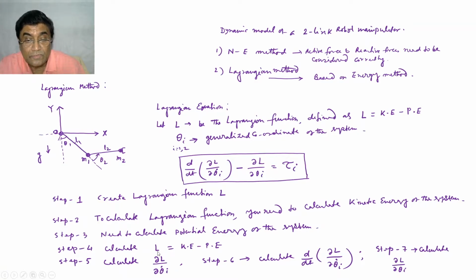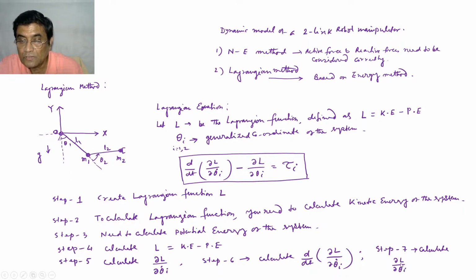So once you compute L, then you partially differentiate this function with respect to the generalized coordinate derivative, and you also subsequently differentiate that with respect to time.